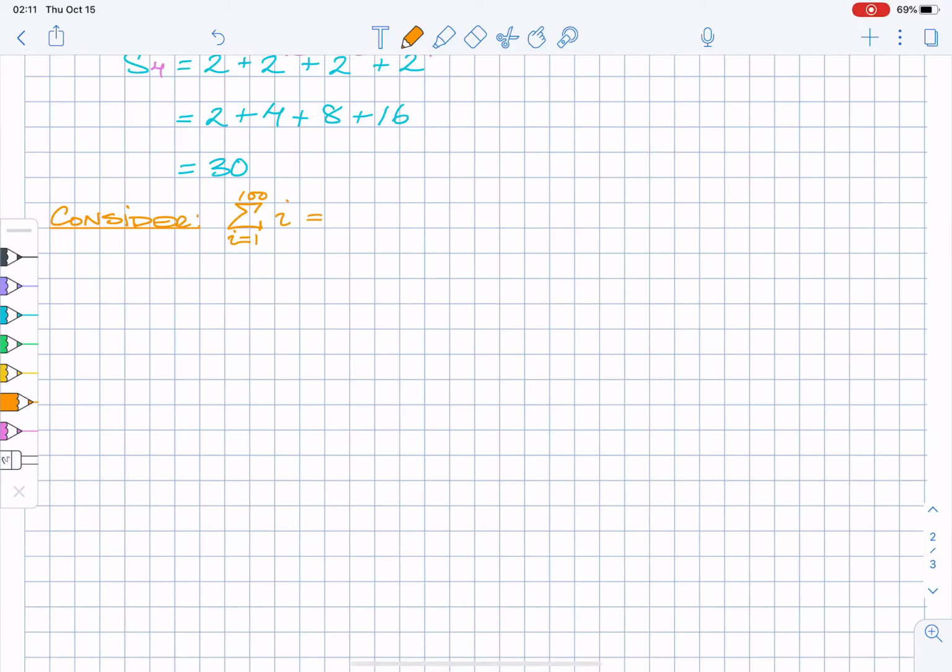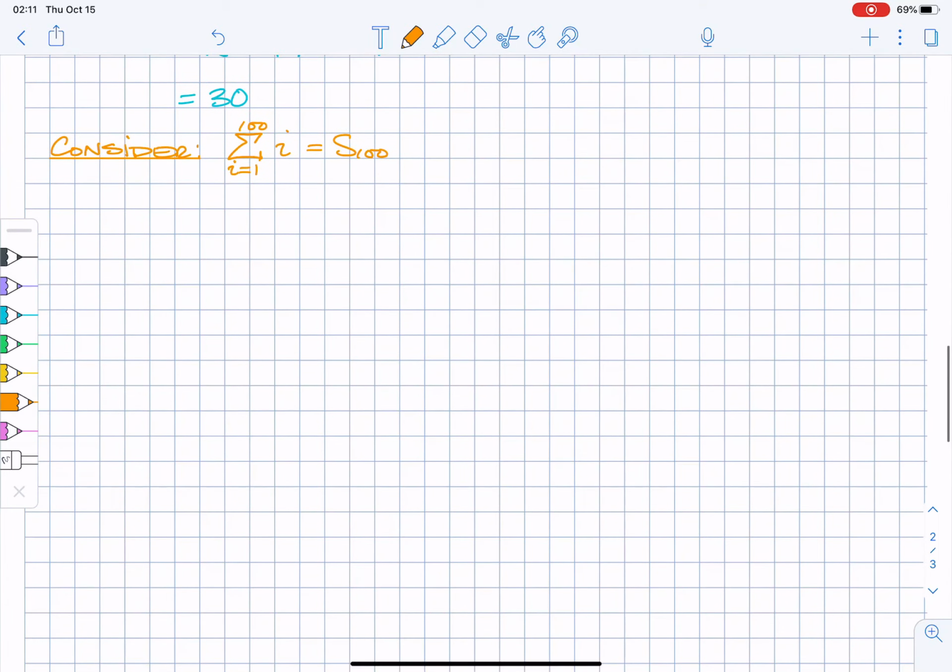So this is going to be the 100th partial sum. So I claim that the 100th partial sum is going to be equal to, in this case, for that particular series, I start counting at 1, 2, 3, 98, 99, 100.